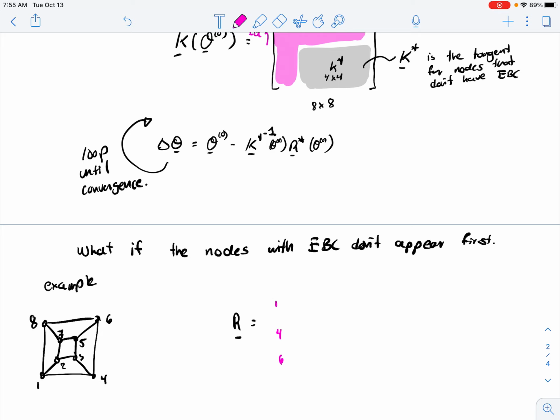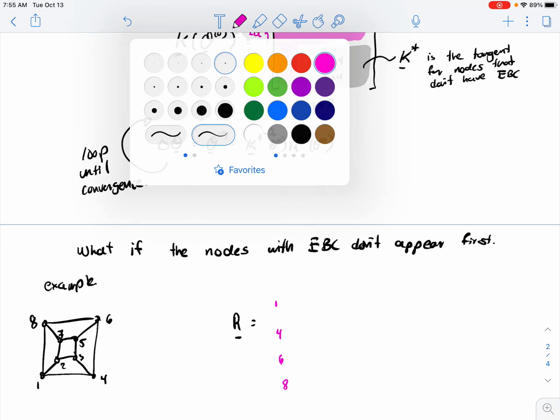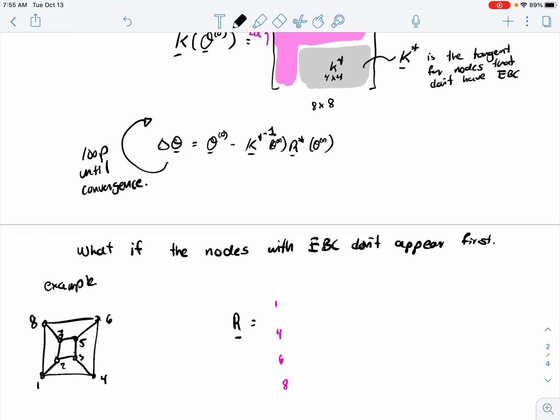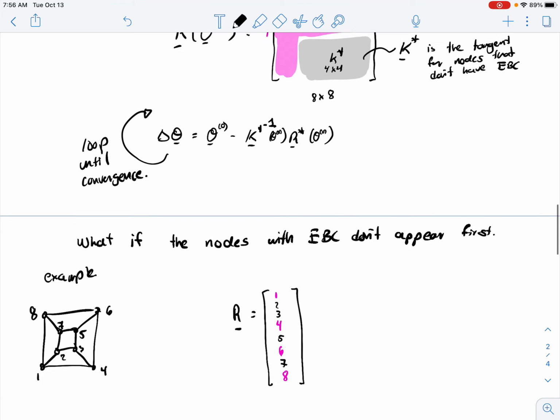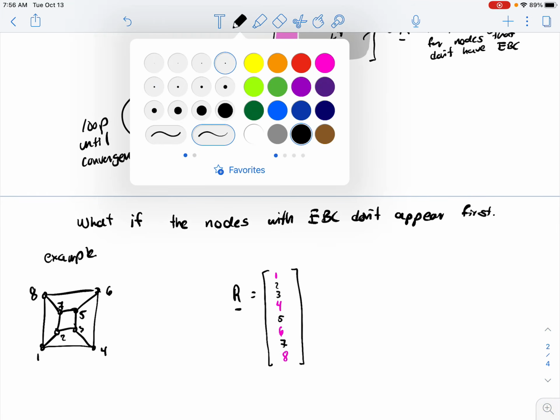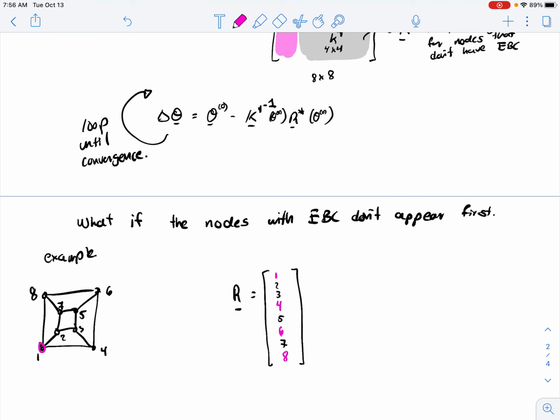So now they are no longer first, because the nodes with the essential boundary condition are still these ones. So let's say that that happened, for example.